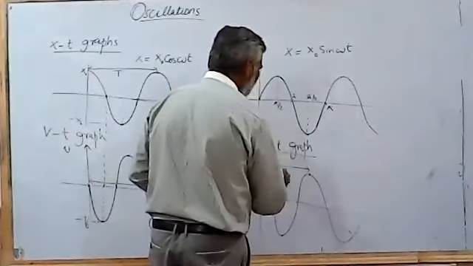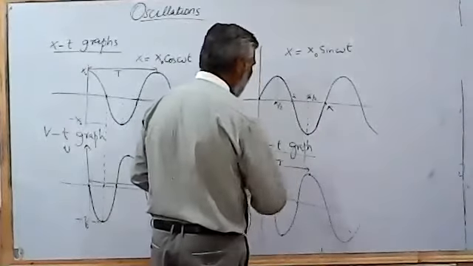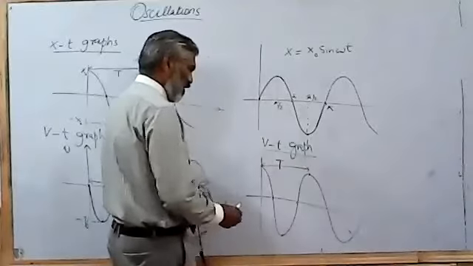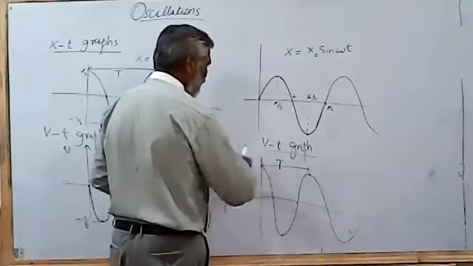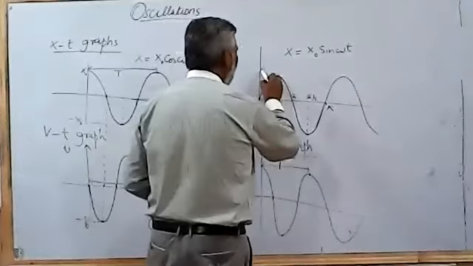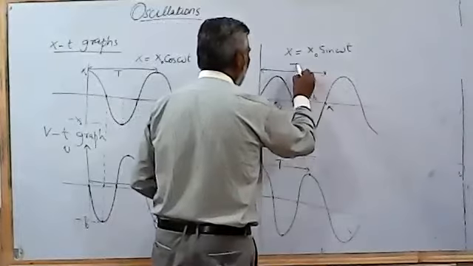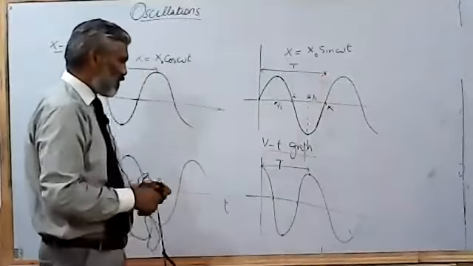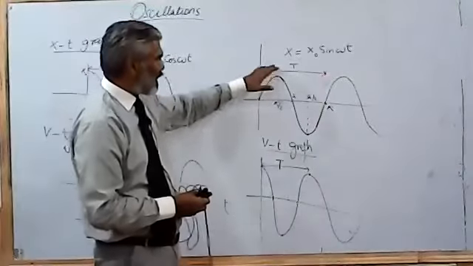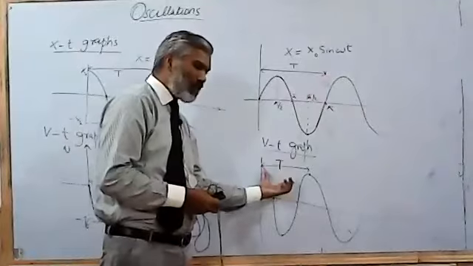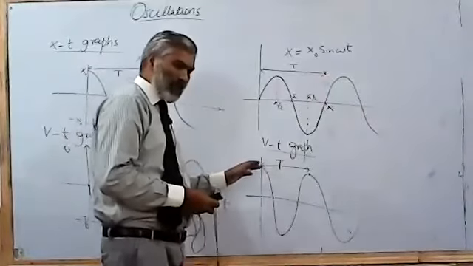So the same situation is here. In the same time period in which the object has completed one round trip between these two positions, it has completed this cycle on the velocity-time graph.